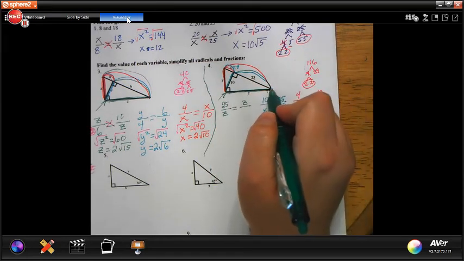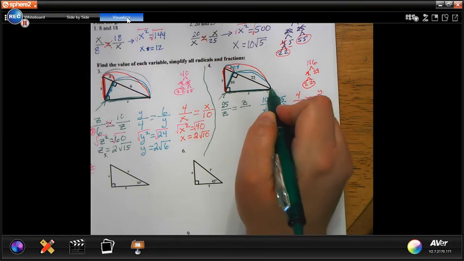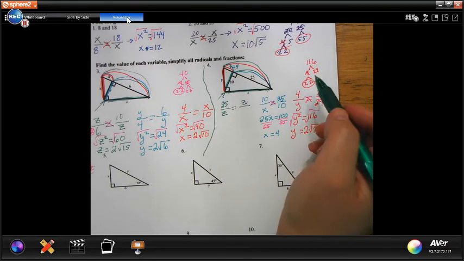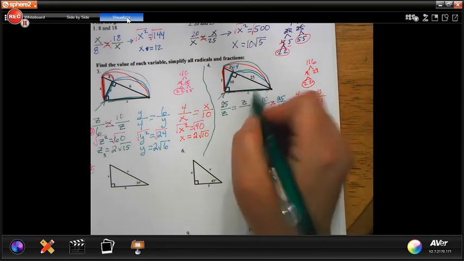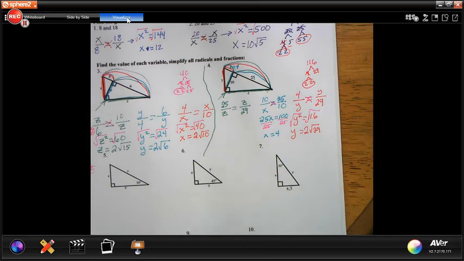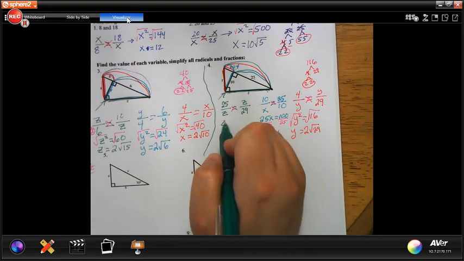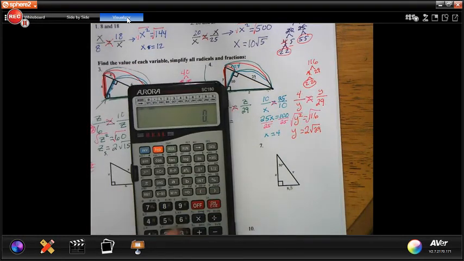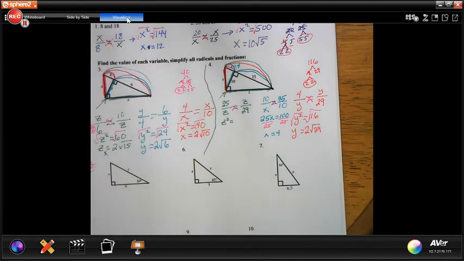And then going from my z spot all the way to the other end of the hypotenuse, that was 25 and 4 together, which makes 29. So when I cross multiply, I get z squared equals, and then I use my calculator, 25 times 29, 725.